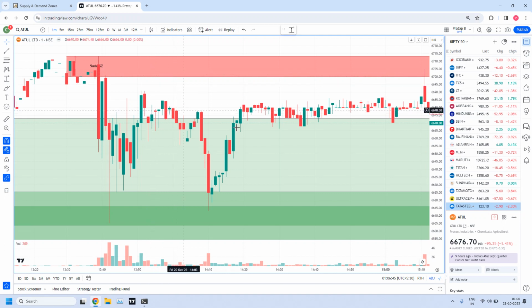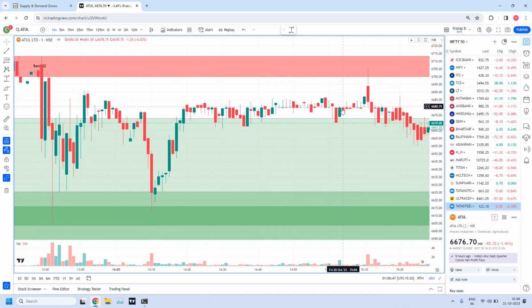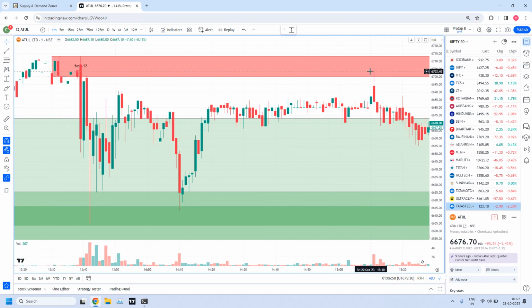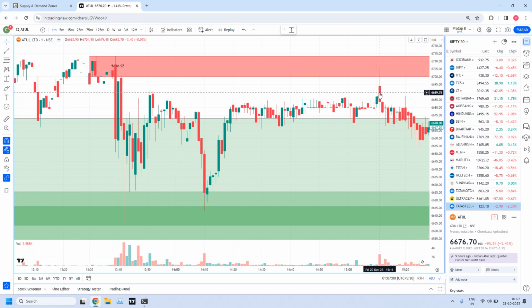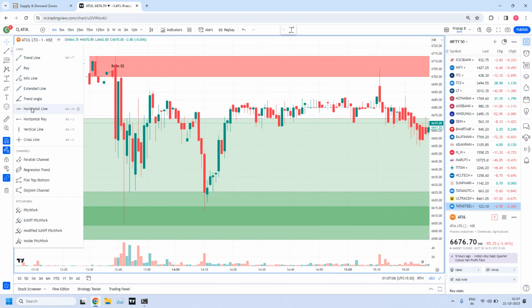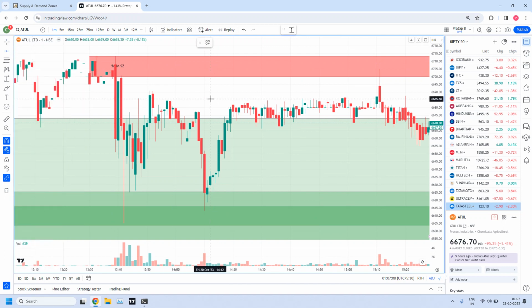5 minute supply zone. When did price reach the 5 minute supply zone? At this level, at 15:11, at 3 o'clock 11, it reached the target. If anybody didn't have the patience to wait until this time, probably you would have exited here, because there are so many rejections, as we followed this kind of technique earlier several times.